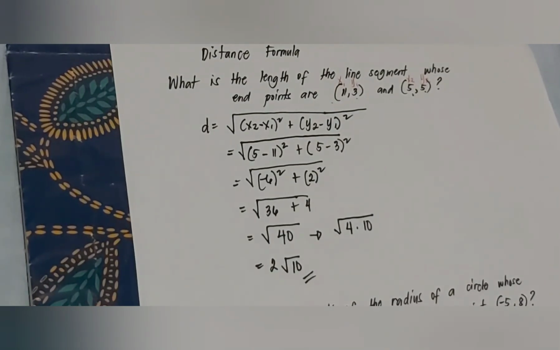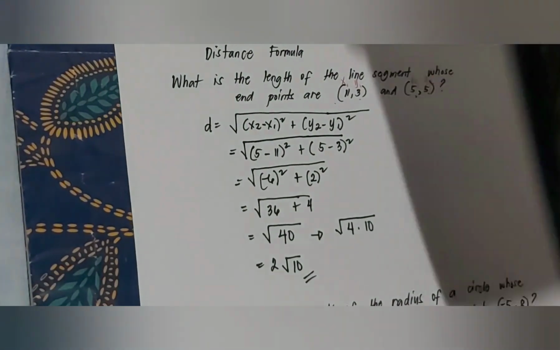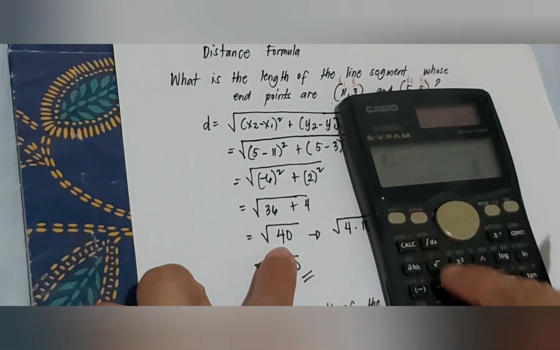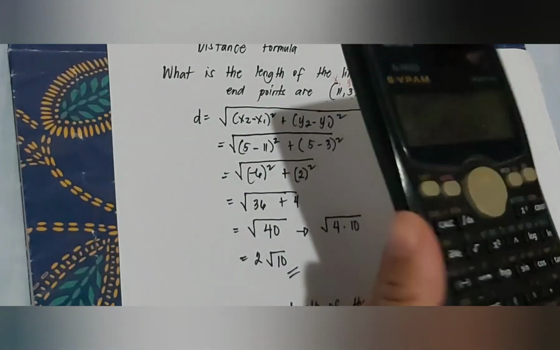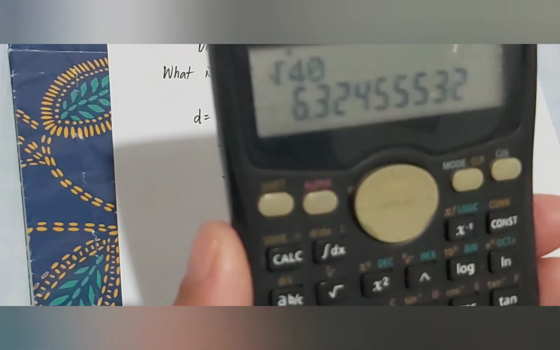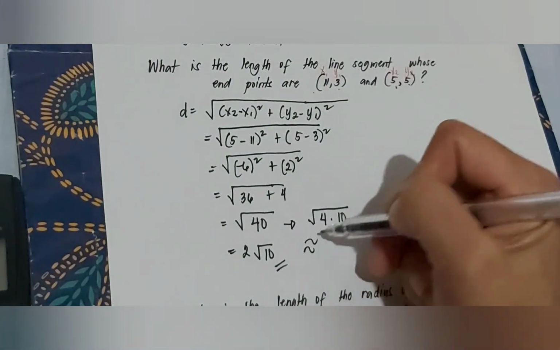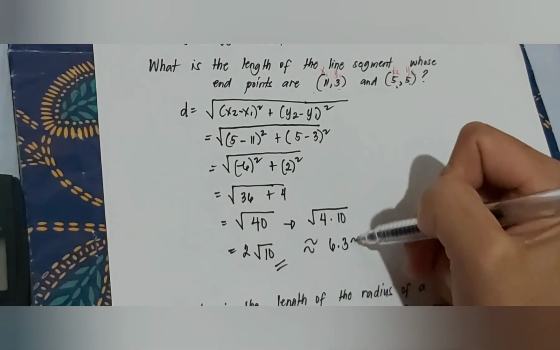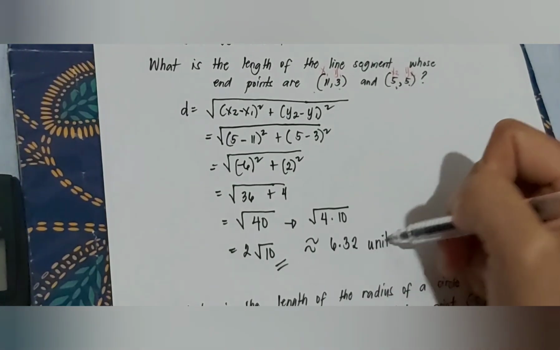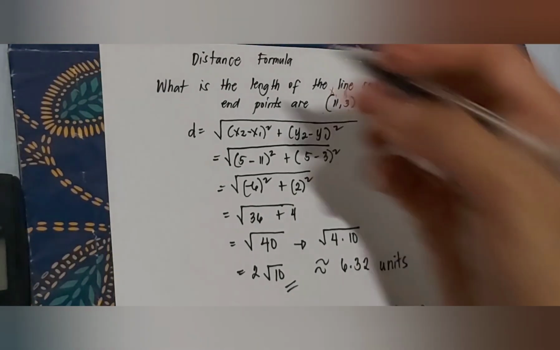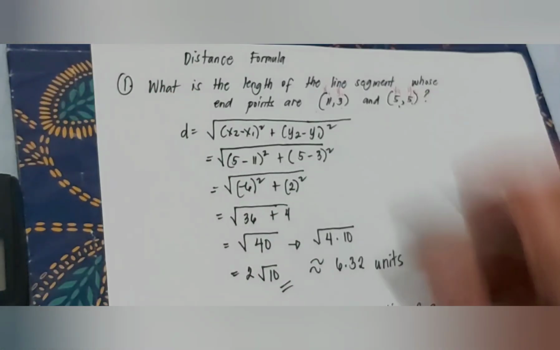Or you may also calculate from square root of 40. So the answer would be 6.32 units. Ayan. Okay? So that's first example using the distance formula.